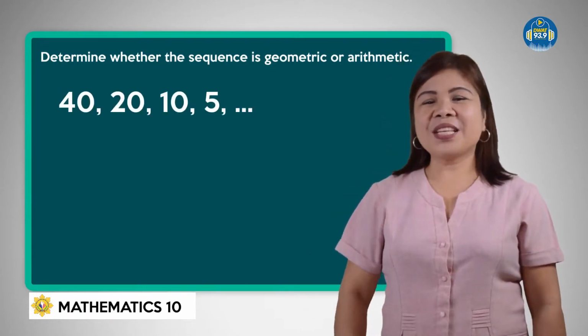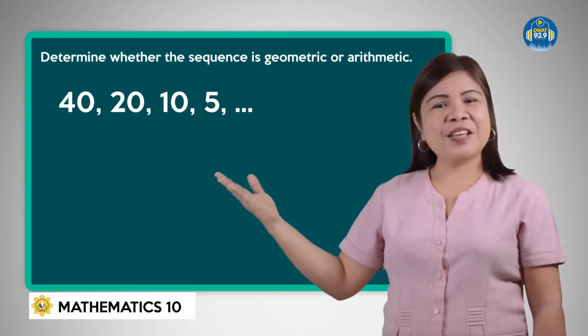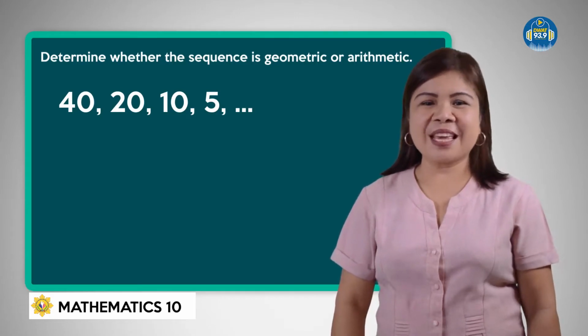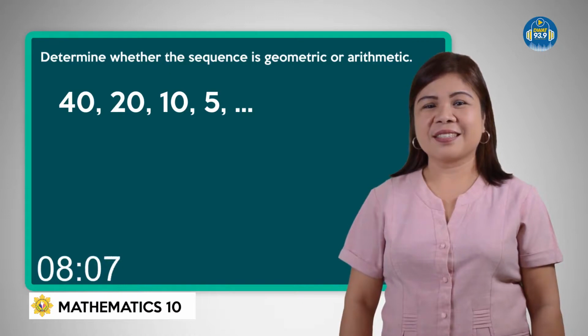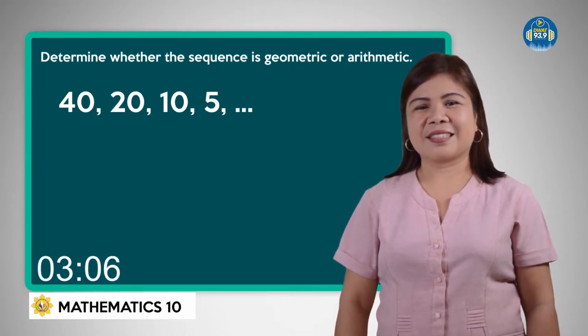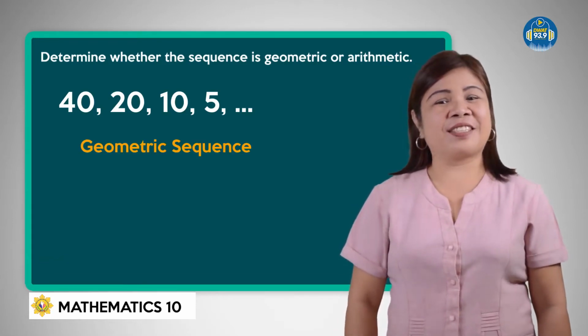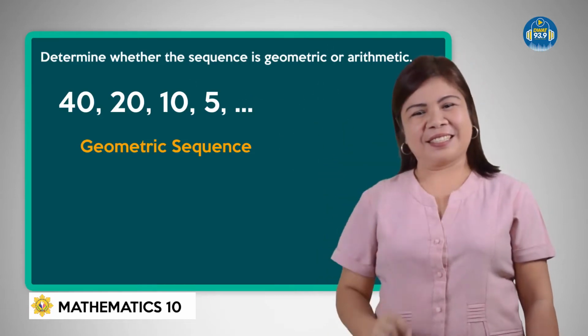Now, what about the sequence 40, 20, 10, 5, and so on? Is it arithmetic or geometric sequence? If your answer is geometric sequence, then you are right.